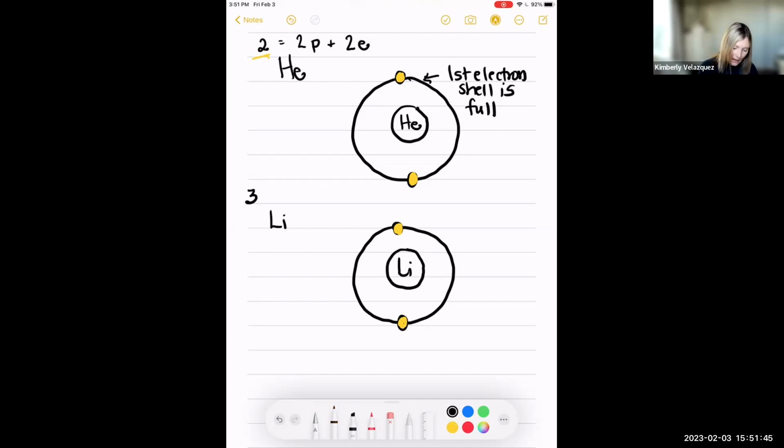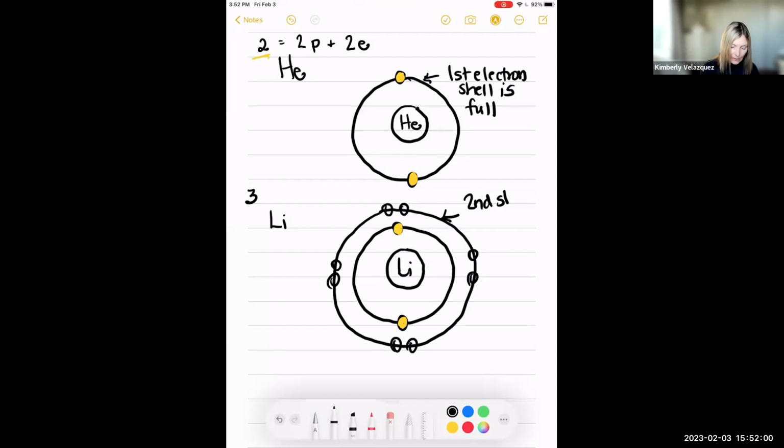So that third electron is going to go into the second electron shell, which remember holds a maximum of 8 electrons. So there are parking spots for 8 in that second shell. Lithium is just going to have 1 out there in that outer shell. 1, 2, 3 total.